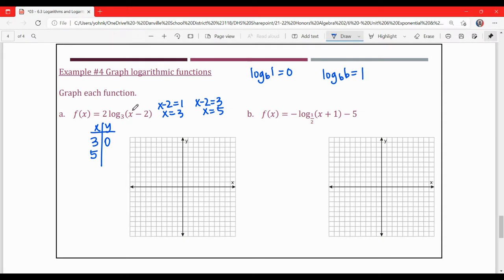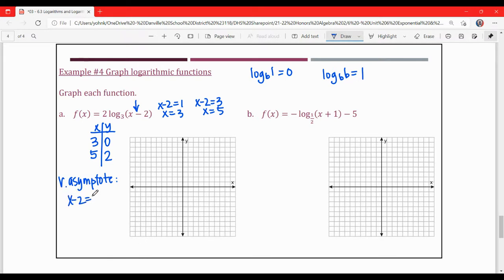If I plug in 5, 5 minus 2 is 3. Log base 3 of 3 is 1, times 2 is 2. I also have a vertical asymptote at 2, because the vertical asymptote comes from whatever the parenthesis thing is.